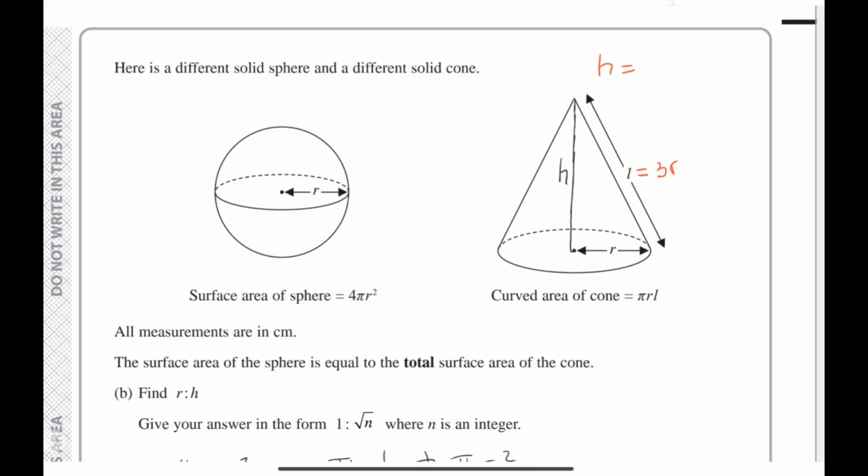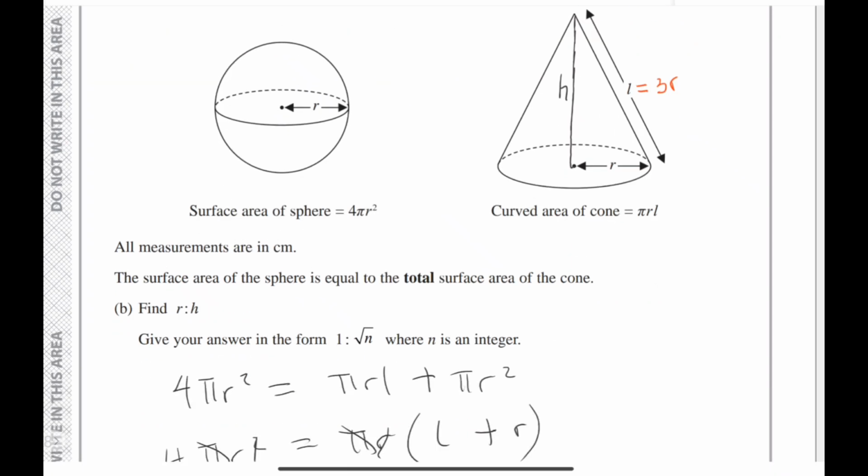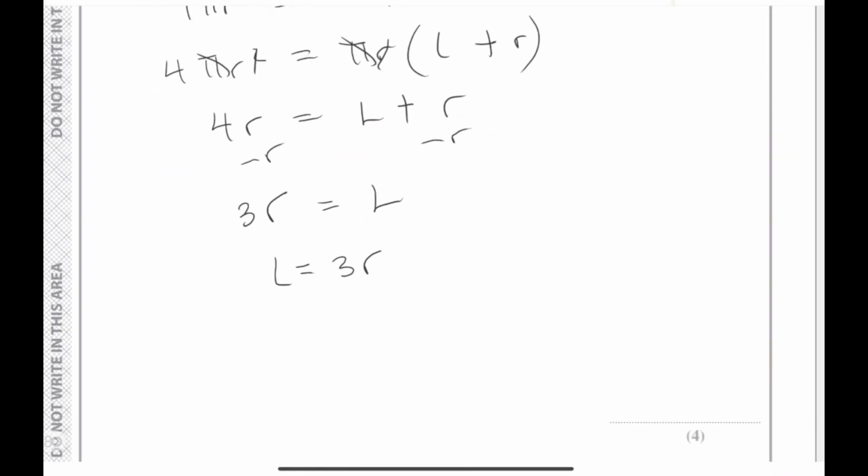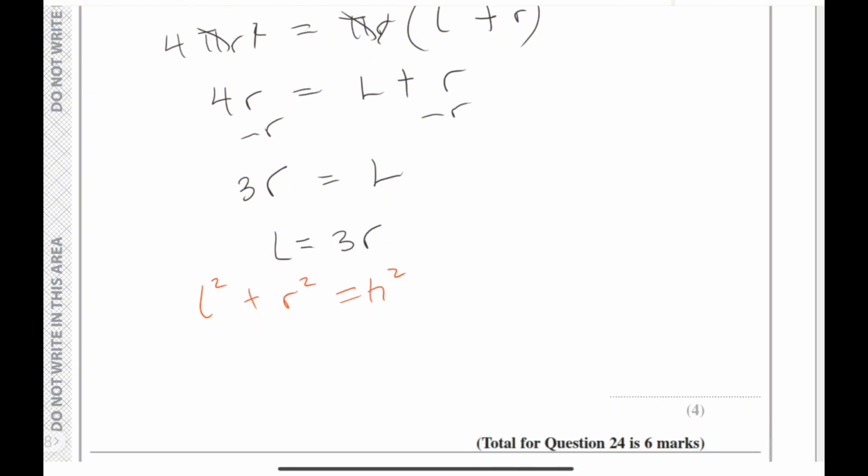You know, Pythagoras theorem is a squared plus b squared equals c squared, right? So let's substitute for that here. So that means h squared plus r squared equals l squared, right?